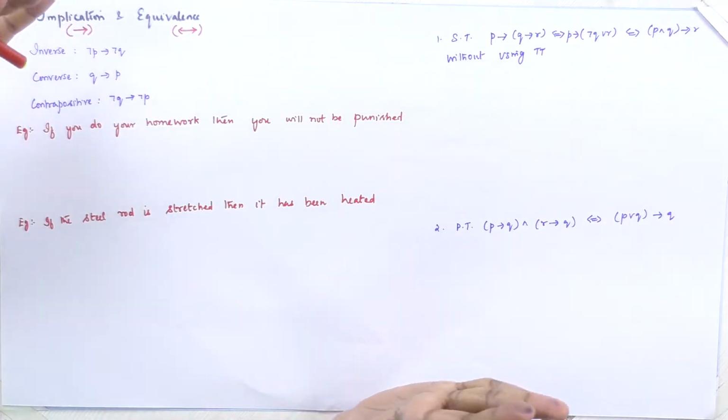Suppose a conditional statement is given to us and we are supposed to find the inverse of that statement, we can do it. What is the converse? We can do it. What is the contrapositive? Again we can do it. So one must be thorough with all the basic logical laws.